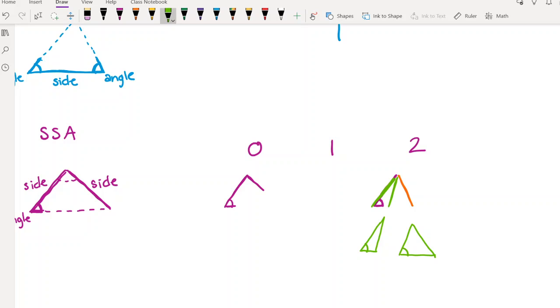This side is the same in both of them. They have the same angle here, and they have the same of this other side length, this side here. It's just that if all the information that you're given is two sides and an angle, you might not know where that side goes. In this case, we could flip it inward or flip it outward, and either way would give us two different triangles. And we'll see in a moment an example that's like that.